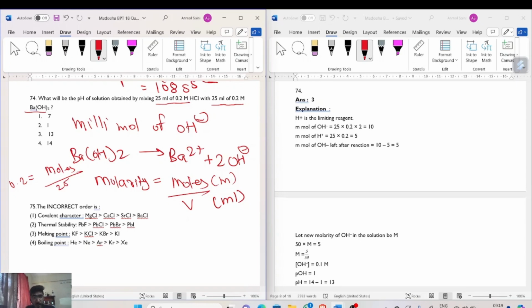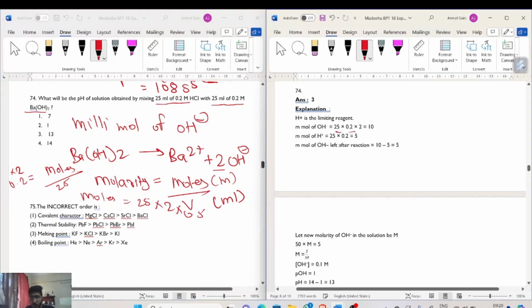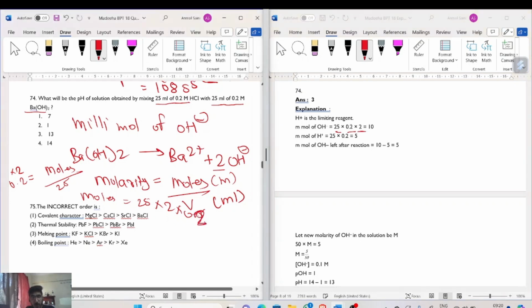But here we are getting 2 moles of OH minus, so we multiply by 2. So moles will be 25 into 0.2 into 2, because the concentration is 0.2. So it will give the answer 10.